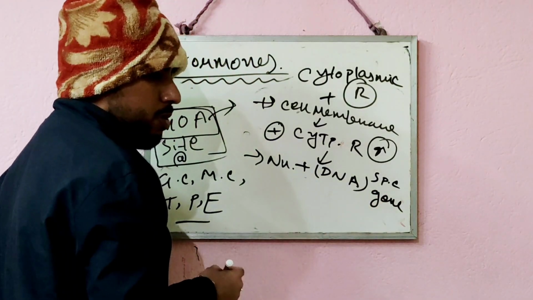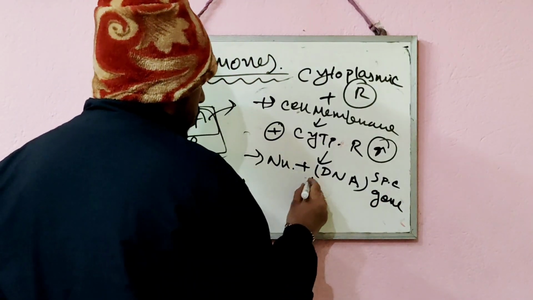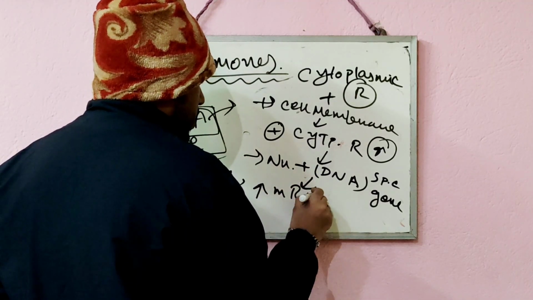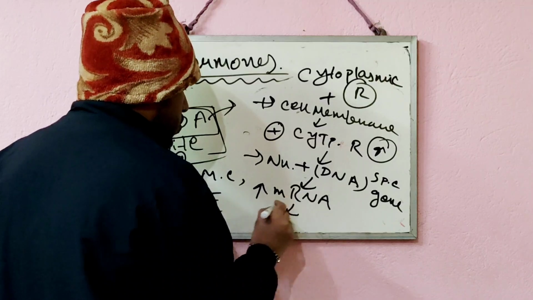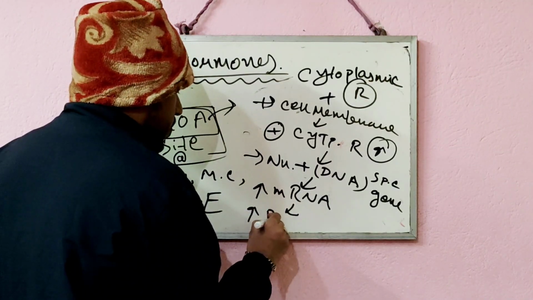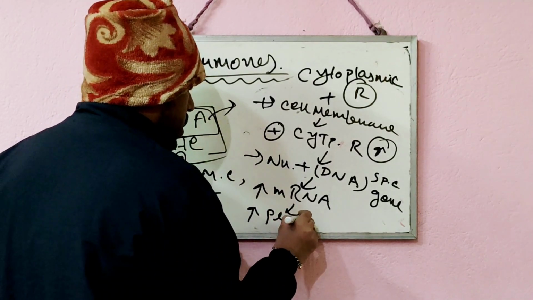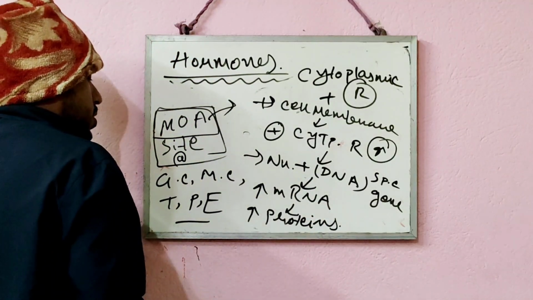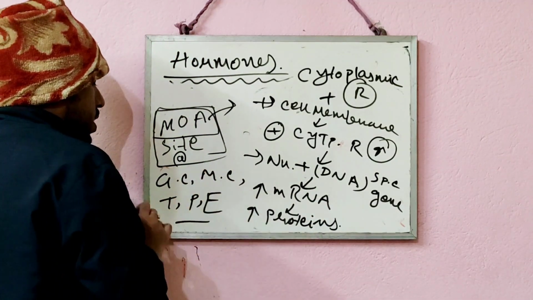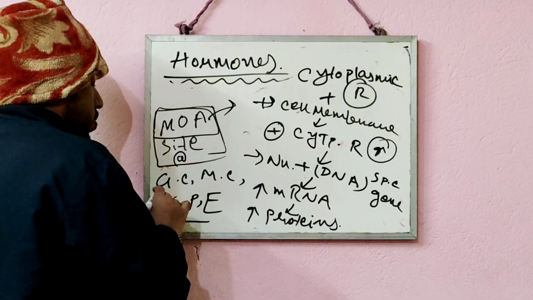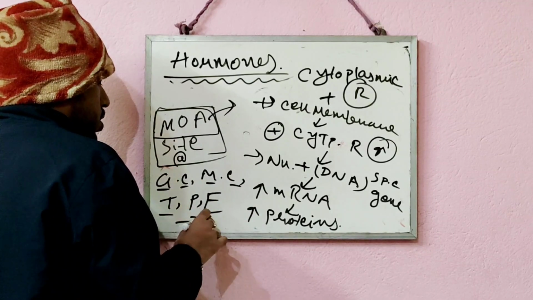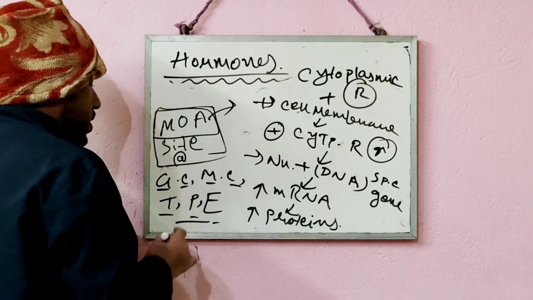Now, by binding with the specific gene, they will promote synthesis of mRNA, and that synthesis of mRNA will lead to the production of different proteins that show different actions in our body and help in producing the different actions done by hormones like glucocorticoids, mineralocorticoids, testosterone, progesterone, estrogen.